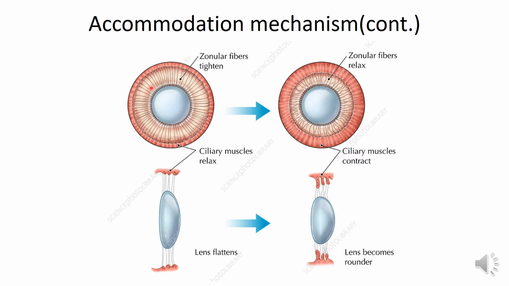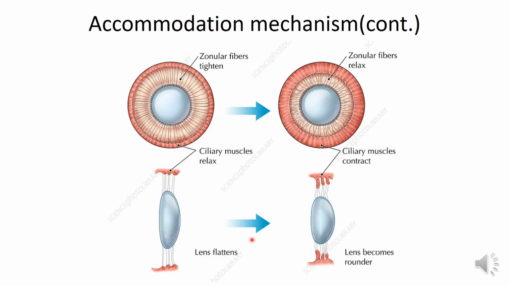This slide shows the accommodation mechanism in more detail. So let us see this part of the picture. When the ciliary muscle is relaxed, as you can see, the suspensory ligaments are pulling on the capsule of the lens, and the lens becomes more flat.